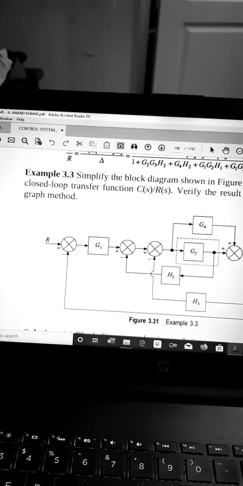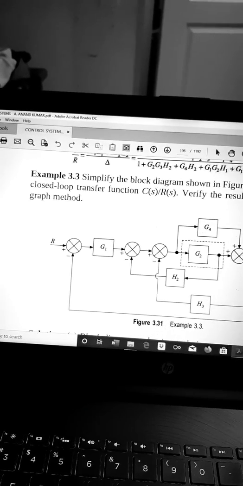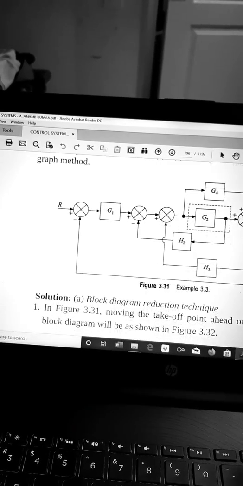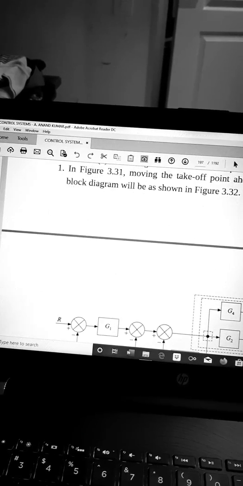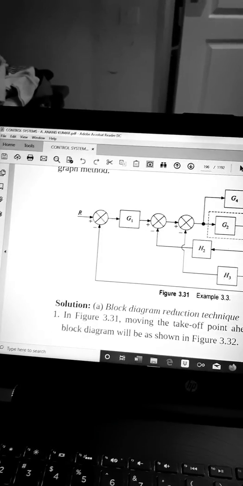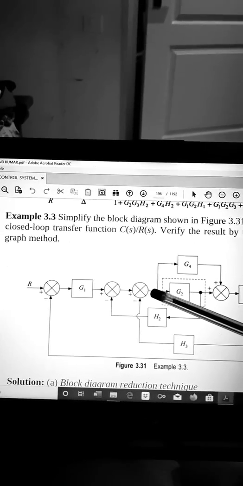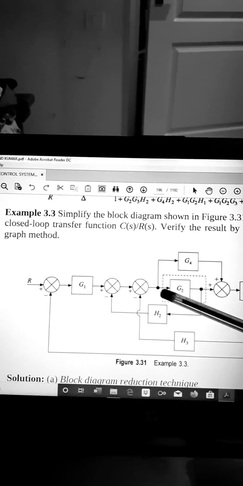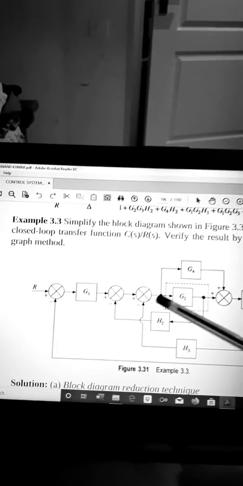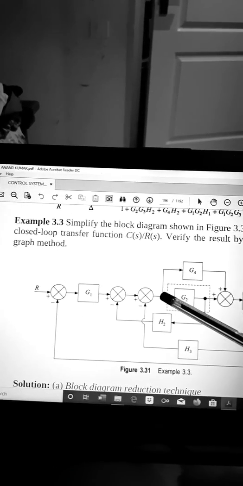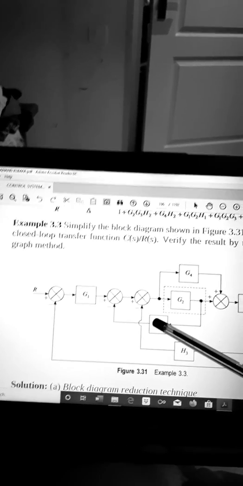When we are doing like that, what exactly is happening there? If the signal is passing through G2 and we are taking the branch before this, the branching signal doesn't have an opportunity to pass through G2.